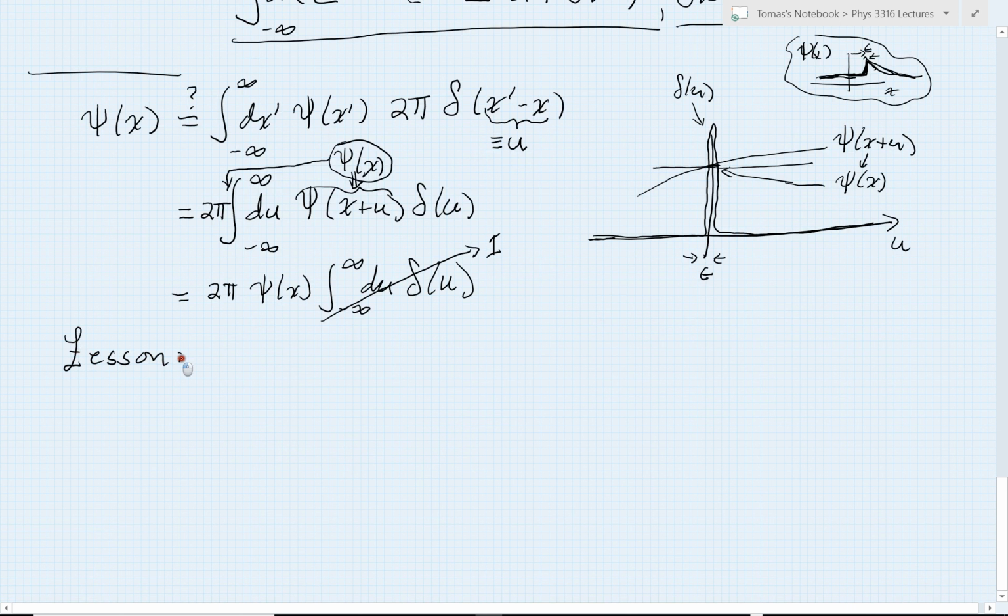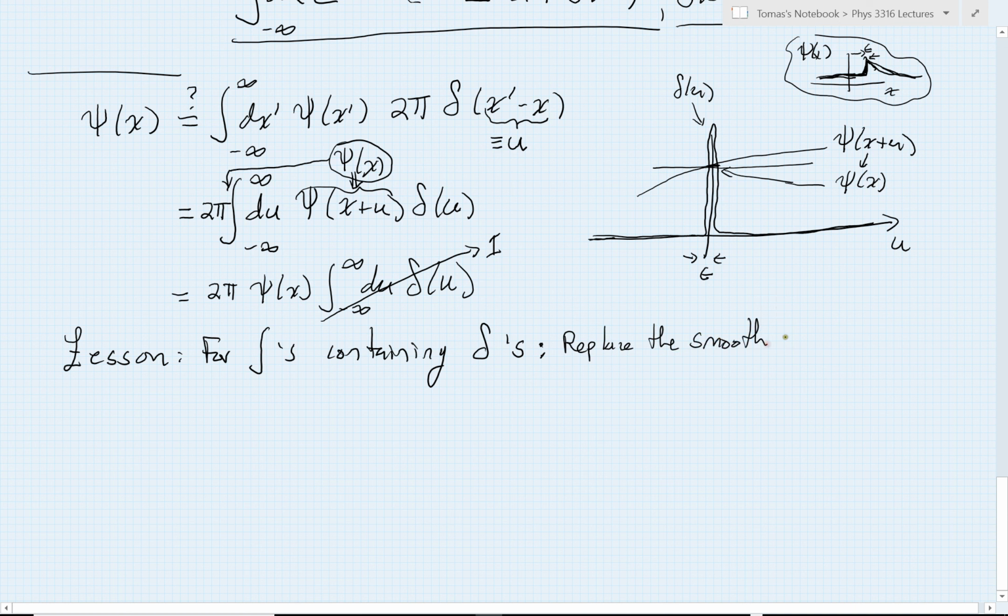This lesson has to deal with integrals containing delta functions, or delta distributions. When you're dealing with such an integral, what you can do is replace the smooth parts, and by the smooth parts, I'm talking about the parts that don't have anything to do with the delta function, such as this wave function, we can replace the smooth parts with constant values.